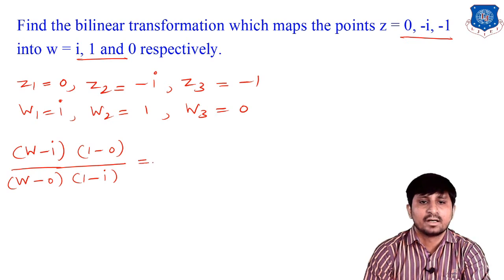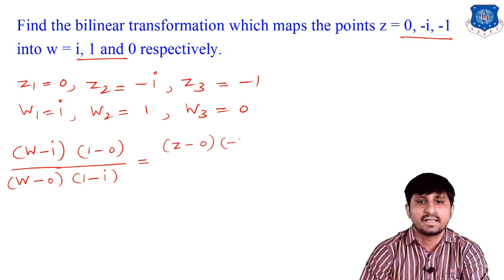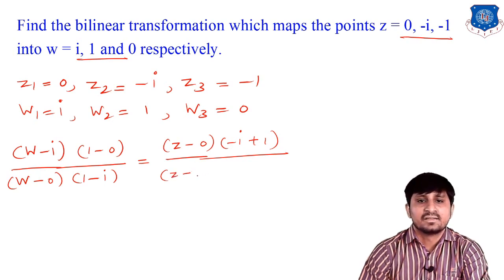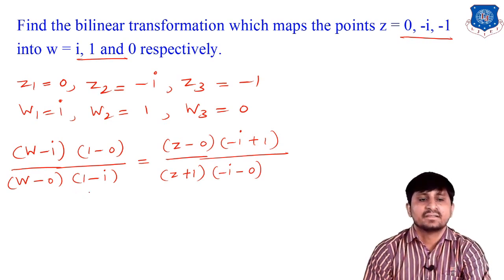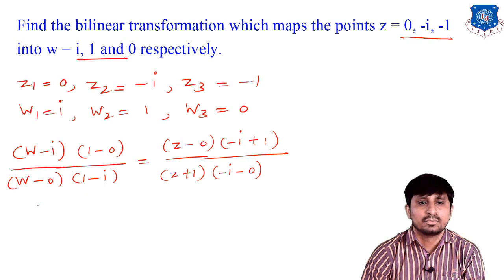Right hand side we have z minus z1, so z minus 0, then z2 minus z3, so minus i plus 1, upon z minus z3, so z plus 1, into z2 minus z1, so minus i minus 0.